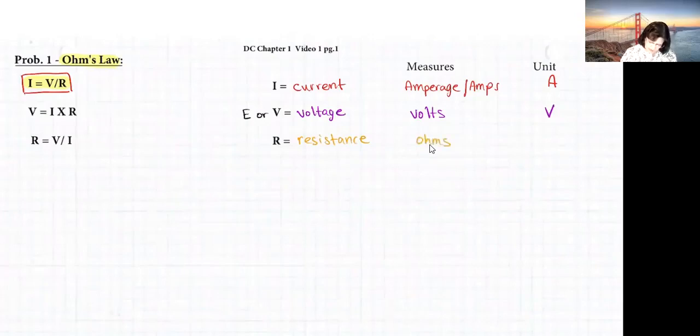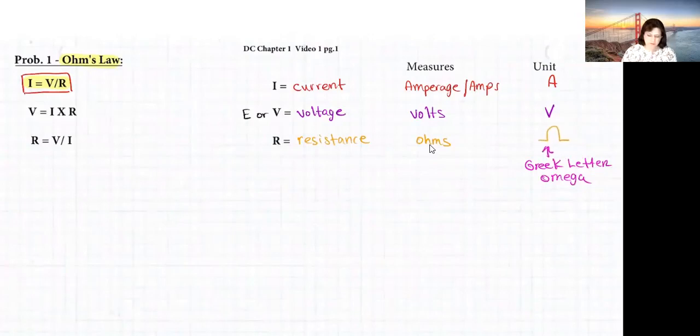And it is the Greek letter omega. So it looks kind of like that. I'm maybe not writing it perfectly, but you can look at the book and it writes it like that. This is a Greek letter, omega. Okay. So that's the unit for resistance.